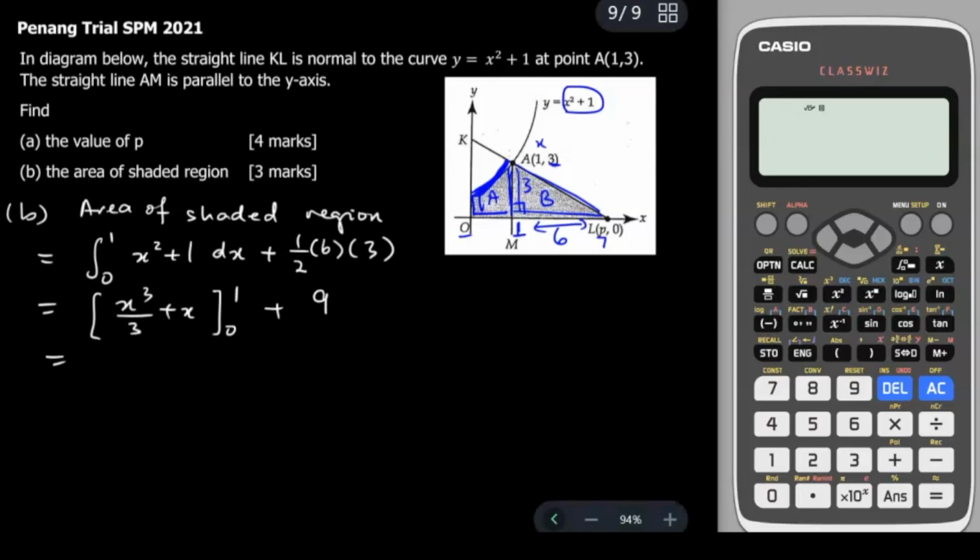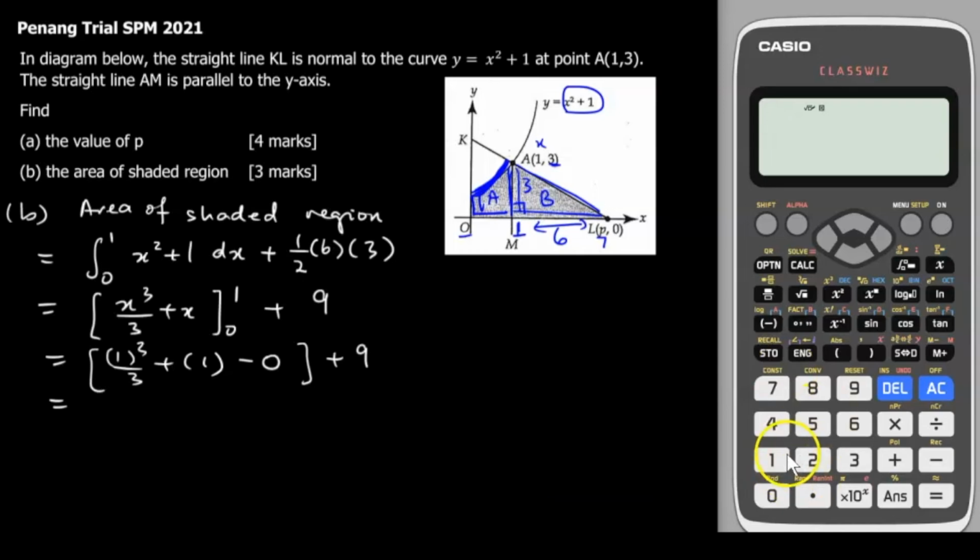Now we're going to substitute 1 into the equation. So 1 cubed over 3 plus 1, and then after that we minus 0. So we get this and then plus 9. This is 1 over 3 plus 1, so we get 4 over 3.